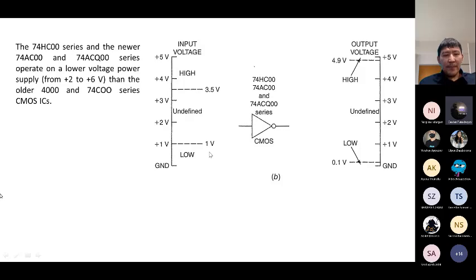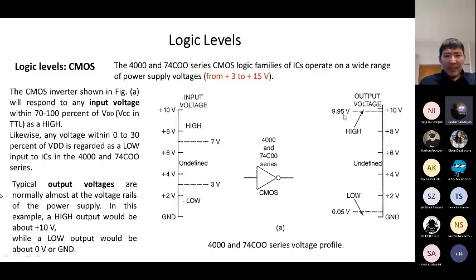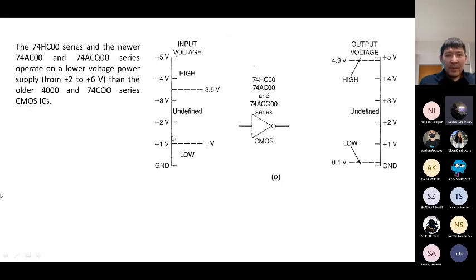You can see that input low can be from 0 up to 1 volt, and input high from 3.5 to 5 volts. And you can see the output. This pattern is similar to this one, but just the maximum voltage is different, right?